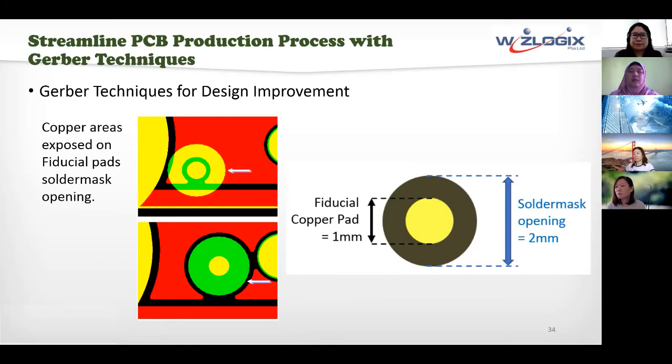In the market right now, most of the time, we practice a fiducial copper pad of 1 mm with a solder mask opening of 2 mm. Because of these specifications, try not to place any fiducial pad close to any mounting hole or any copper areas, because it will expose them, and it's harder for the pick and place machine to detect these fiducial marks as a guide for your automated assembly.